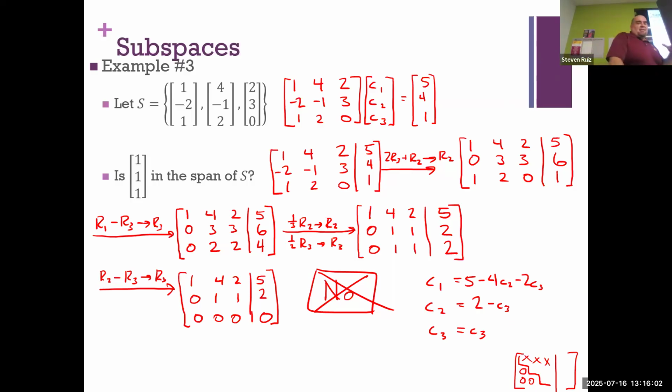So like we suggested last time, there is no one triplet of C1, C2, and C3 that makes 5, 4, 1 happen. But you can pick whatever C3 you want. So let's say C3 is 0, C2 is 2. That would make C1 negative 3, I think.